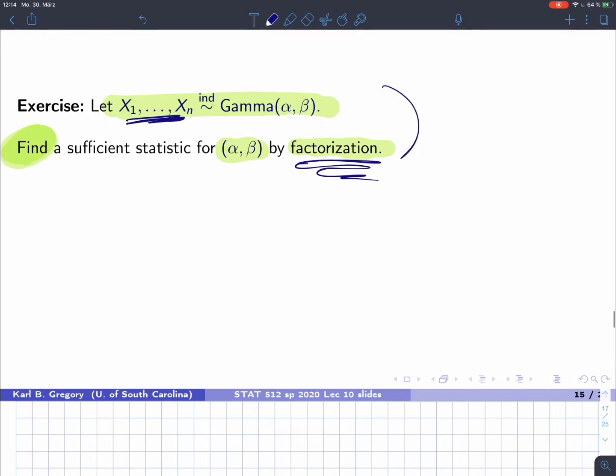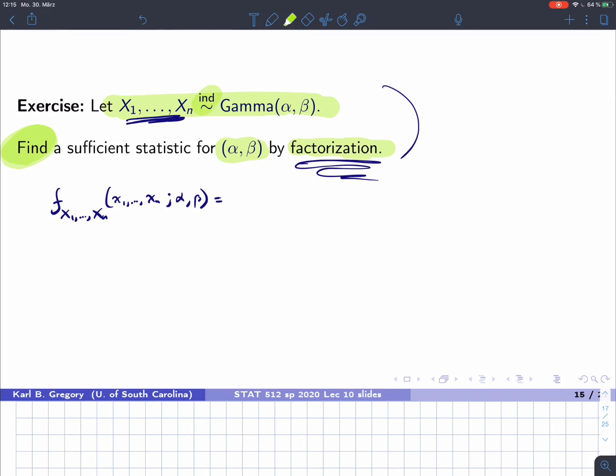So what we're going to do is just write down the joint density of our data. We can emphasize its dependence on alpha and beta by putting those in there after a semicolon.